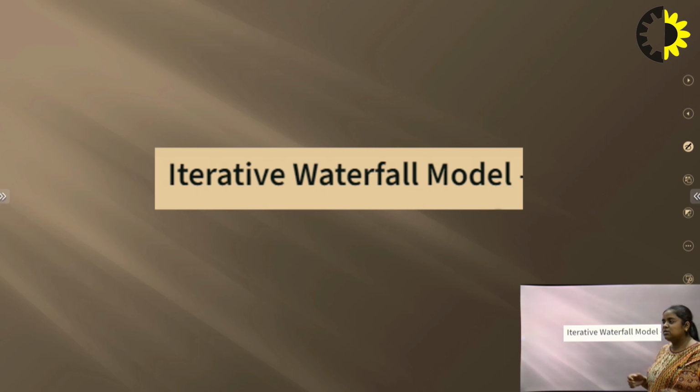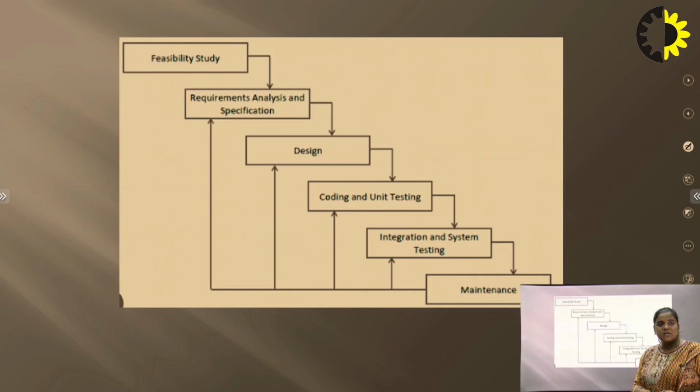After that, the second model related to the software development phase is the iterative waterfall model. We can say that the iterative waterfall model is an enhancement of the classical waterfall model.